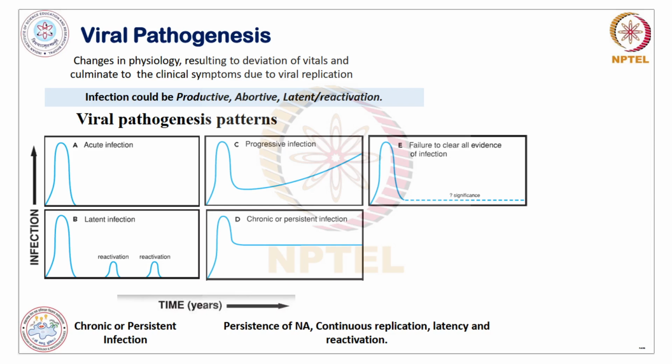Pathogenesis is basically the physiological changes caused by viral replication, which lead to the symptoms. These are the changes in the physiology, which result in deviation of vitals or some changes in the basic body functioning, and it culminates in the clinical symptoms due to viral replication.